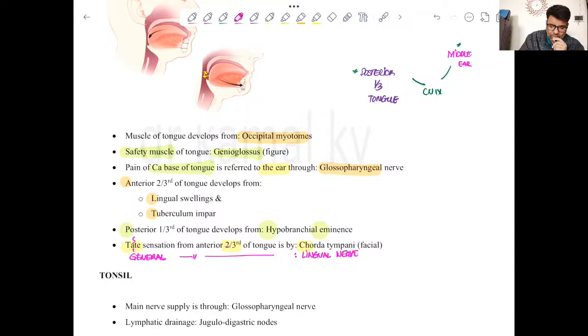So this is very important. Anterior two-third of tongue, different nerves for different function, but from posterior one-third of tongue, it's all CN9, which is taking general sensation as well as taste sensation.